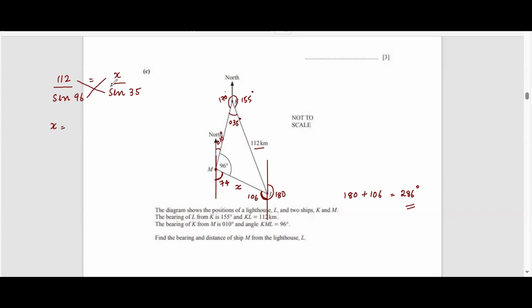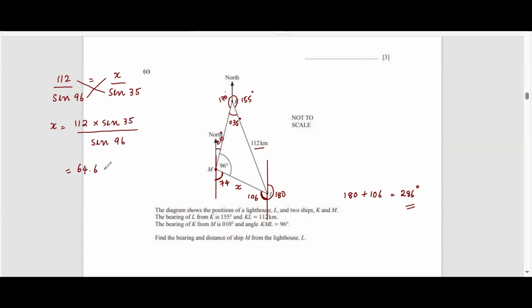So X will be 112 times sine 35 divided by sine 96. When we put this in the calculator, you will get the answer as 64.6 when you round it to one decimal place.